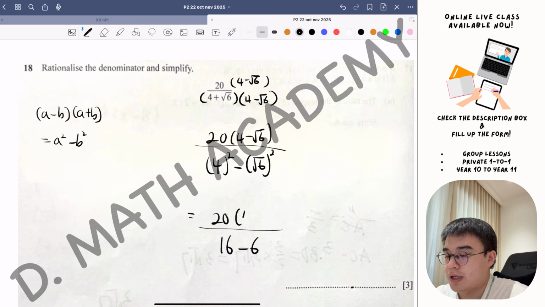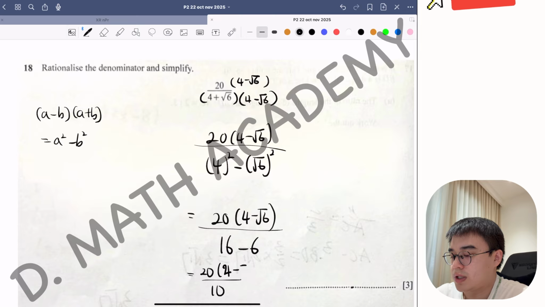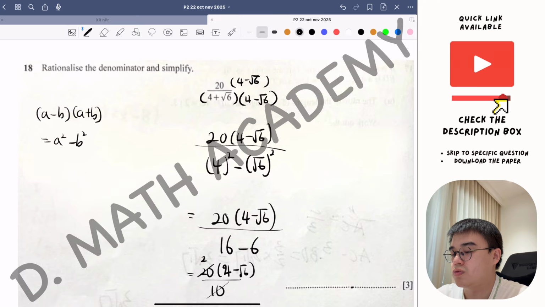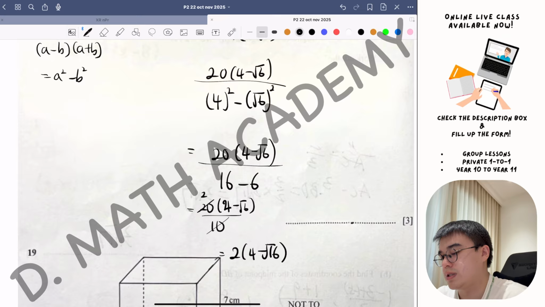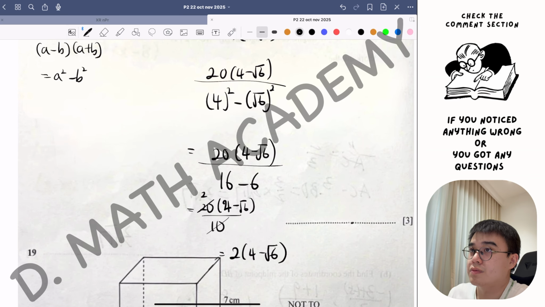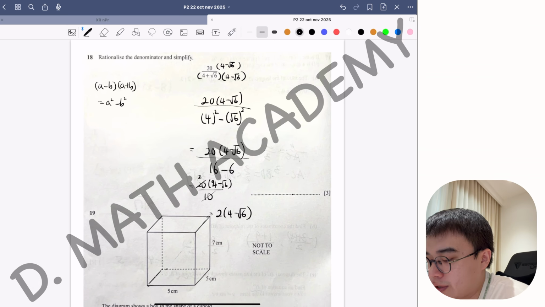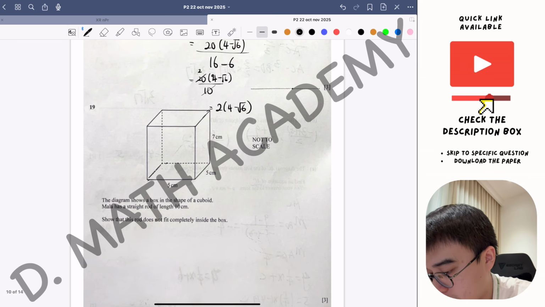Do not rush to expand, because sometimes all you need is to simplify it straight away. So just cut it off. You got 2. So 2, 4 minus square root 6 is actually the answer that they were expecting from you. Up to you whether you want to expand or not, but I will just leave it as this. I won't be multiplying the 2 in.